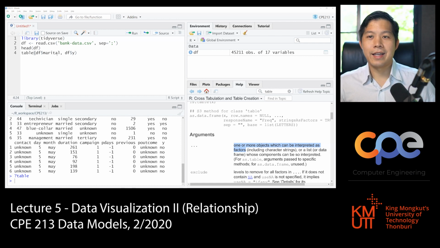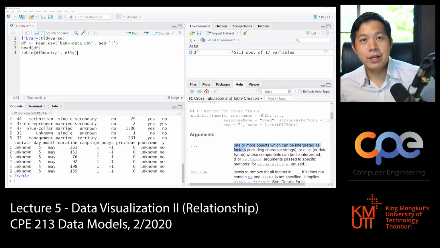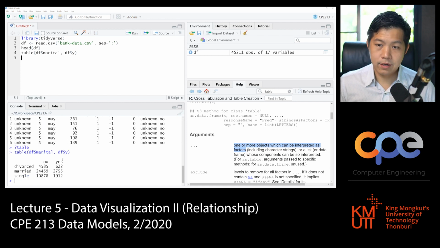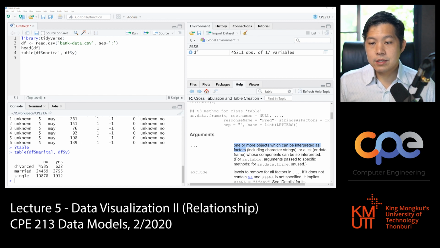This is like trying to predict the future, that you are trying to find the keys that will lead you to the correct answer, the keys that associate with the event that might occur in the future. Okay, running this, now you get the table here. This is the cross tabulation. You have the number of occurrences of divorced and no, divorced and yes, married and no, married and yes, and single and no, and single and yes.